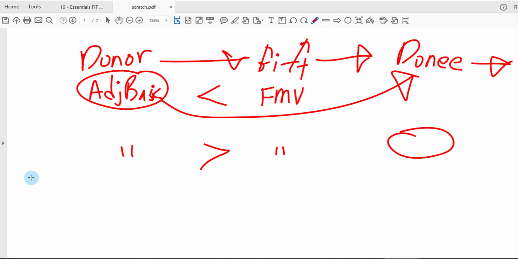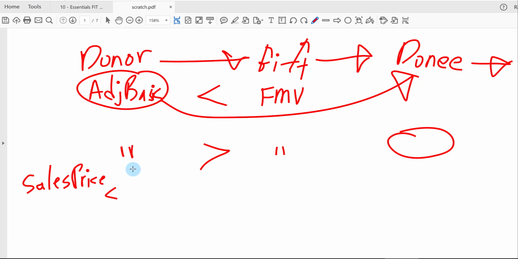So here is the sales price when the donee sells the property, and it's less than this adjusted basis. Okay, let's do that again. This adjusted basis here.